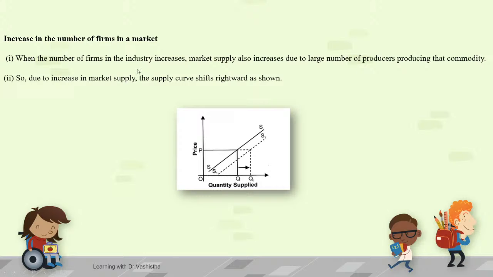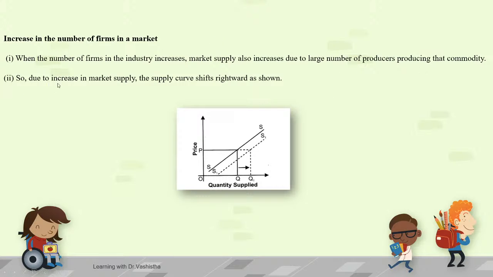Now, increase in the number of firms. If more firms enter the market, there will be more competition because the number of firms in the industry will increase. Market supply will also increase because there are more suppliers now. There are more producers, so there will definitely be more supply.